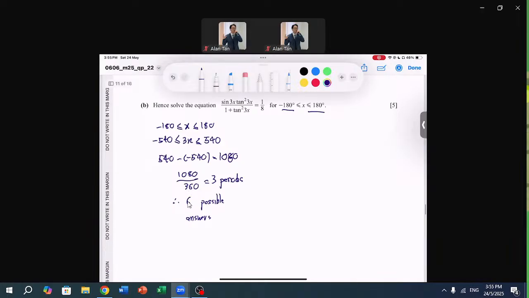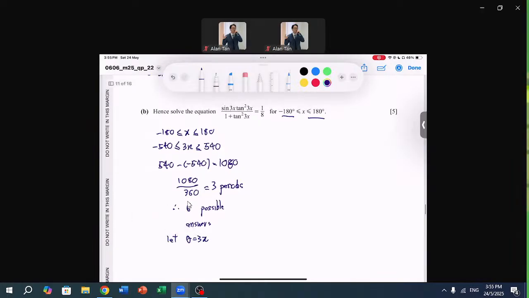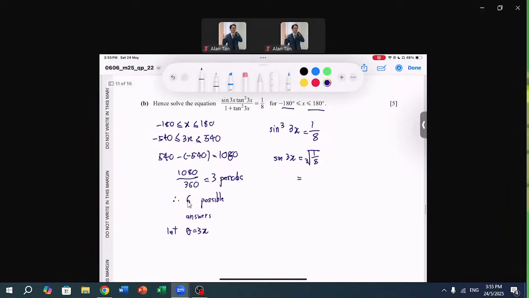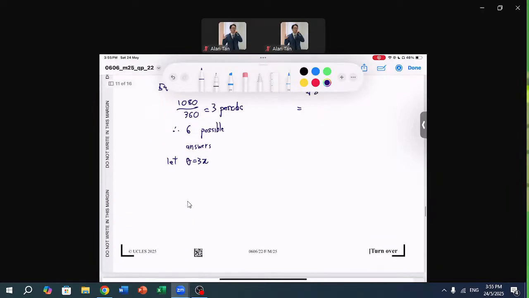So we're going to let theta equal 3x. What's going to happen here is we're going to get sine cube 3x equals 1 over 8. So sine 3x equals cube root of 1 over 8. So sine 3x equals 1 over 2.